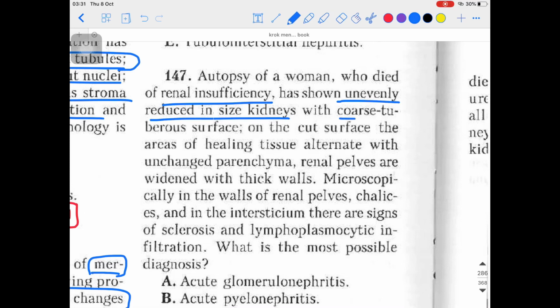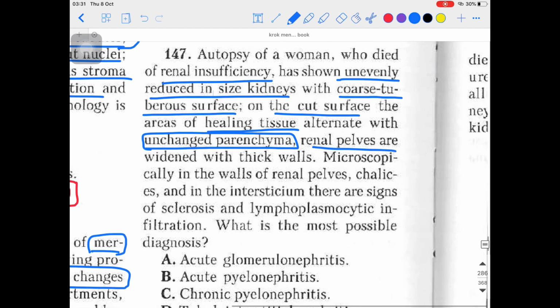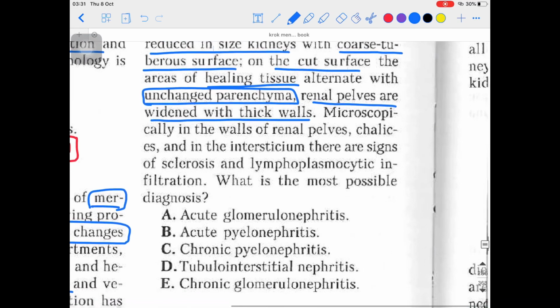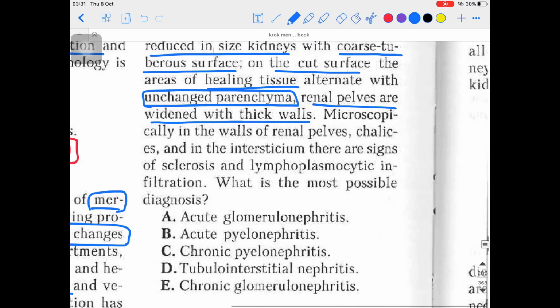Now, let's talk about the coarse tuberous surface. On the cut surface, the areas of healing tissue alternate with unchanged parenchyma. Renal pelvis are widened with thick walls. Microscopically, in the wall of the renal pelvis, calyces and the interstitium, there are signs of sclerosis and lymphohistiocytic infiltration.